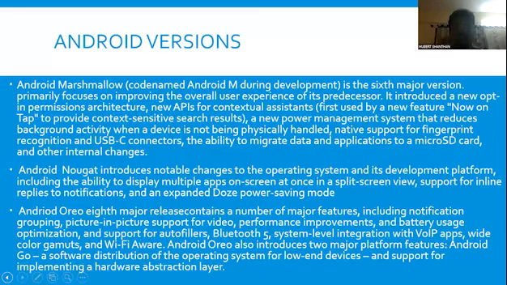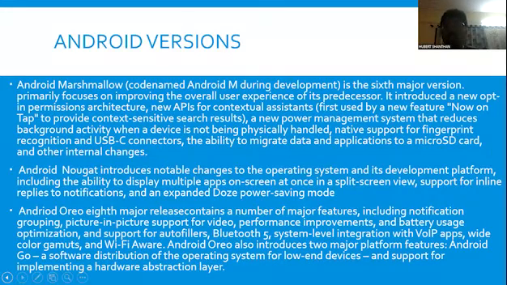Next, Marshmallow, which is also the sixth version. In that API they implemented fingerprint sensor support, USB-C connectors and micro SD card. Next, Nougat, which introduced inline functions, and power saver mode was implemented in Nougat.